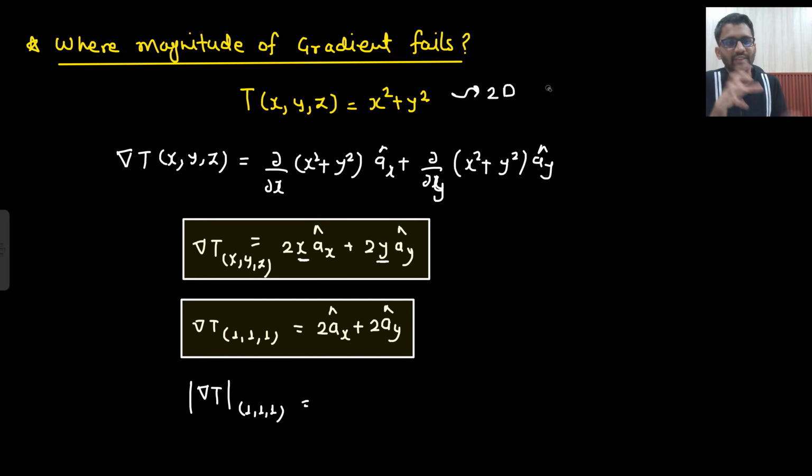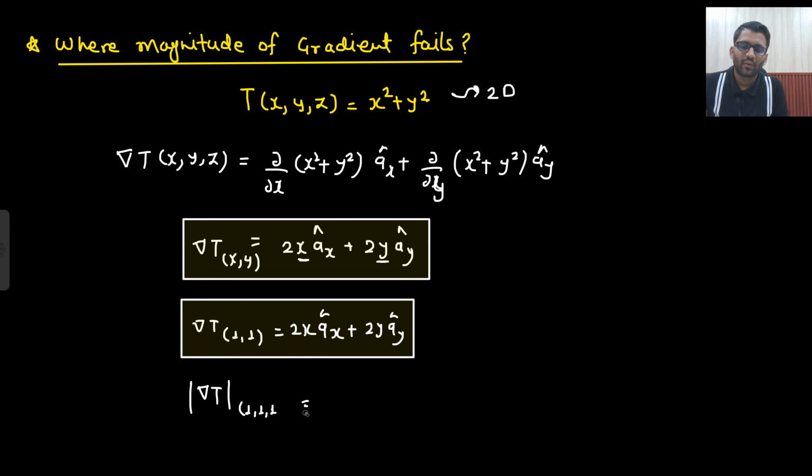If nothing is mentioned, I would consider there are 3 coordinates x, y and z. But now I am saying it is in 2D only, so only 2 coordinates are there. So instead of 1, 1, 1, I will write at 1, 1, because that will be easier to understand. This example is taken to explain a particular point, not as per the understanding of examination.